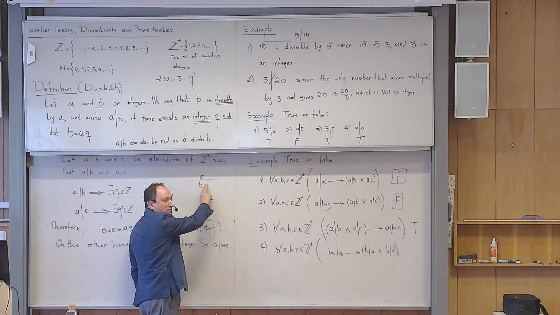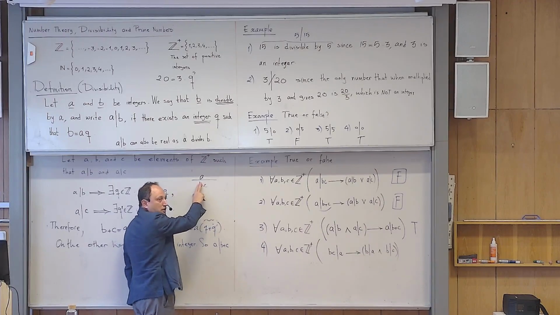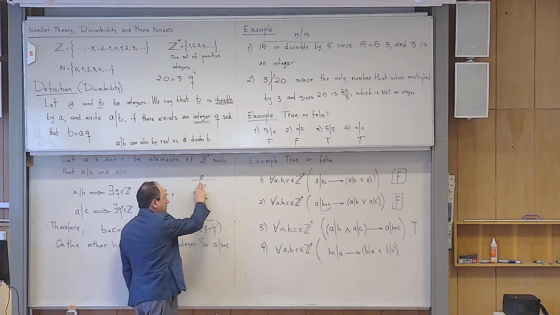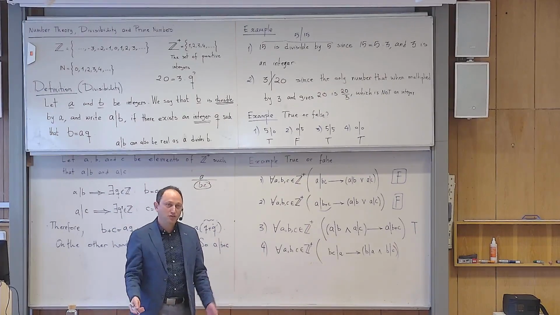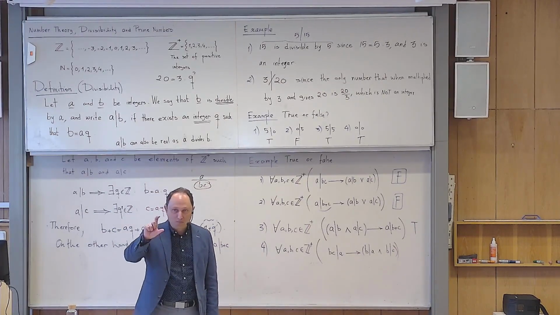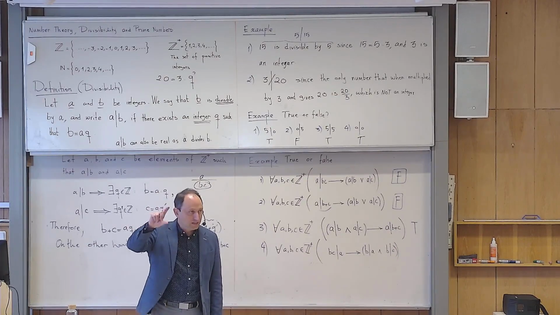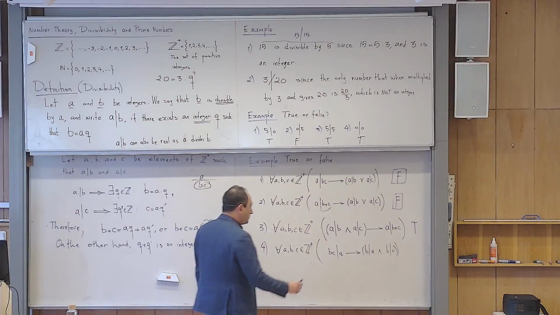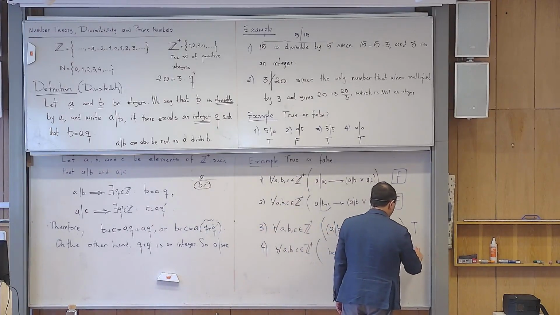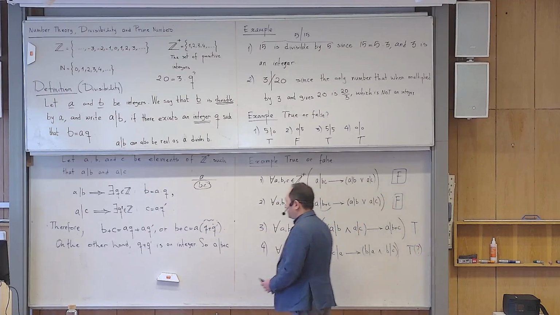Do you think A divided by C is also an integer? Yes, because A divided by the product was an integer. So it should be clear that A divided by B only is an integer, A divided by C only is an integer. So, in principle, we think that this should be true. But how should I prove it?